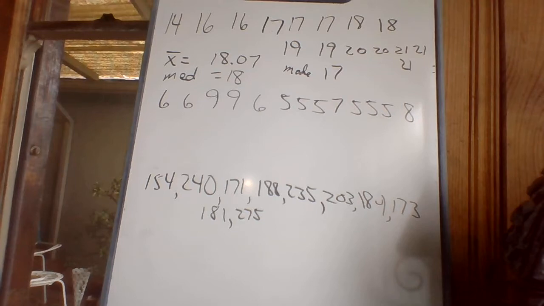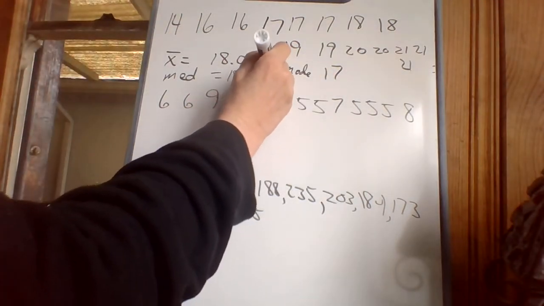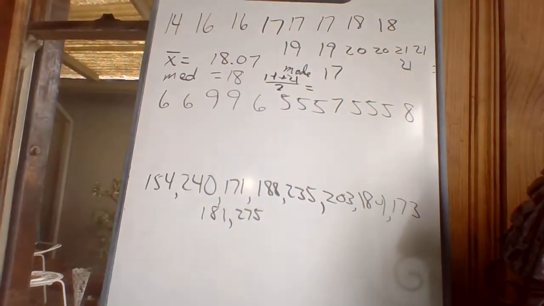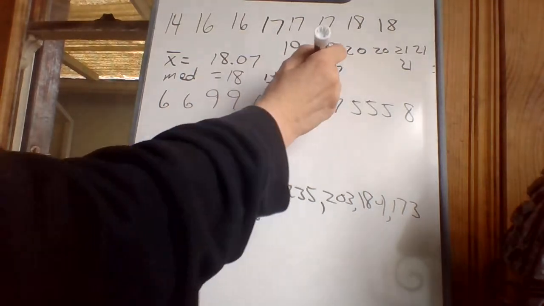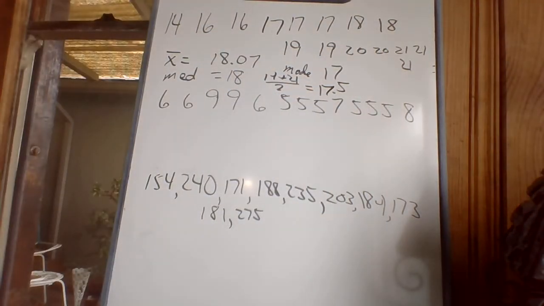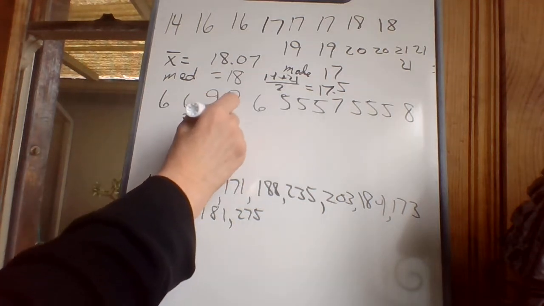Okay, and mid-range. So the smallest and biggest, 14 plus 21 divided by 2, which is 17.5. All right, now this one, let's see. The mean, the median, and the mode. Again, let the calculator do it for me.